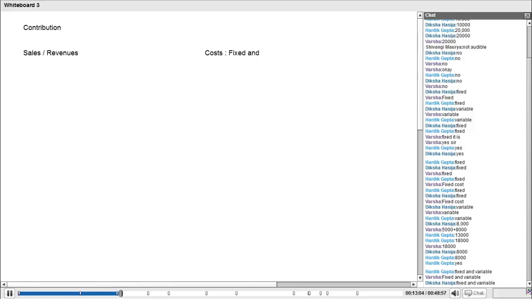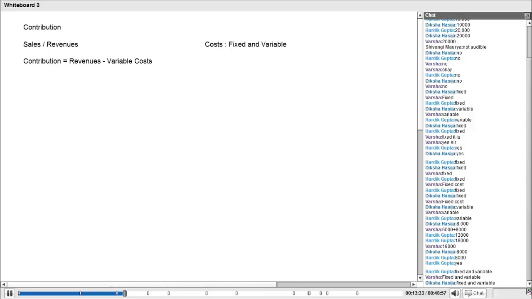Contribution is defined as revenues minus variable costs. As we go ahead and do more exercises, you will start to appreciate why we define contribution. For the time being, we will just try and solve some questions and understand it.